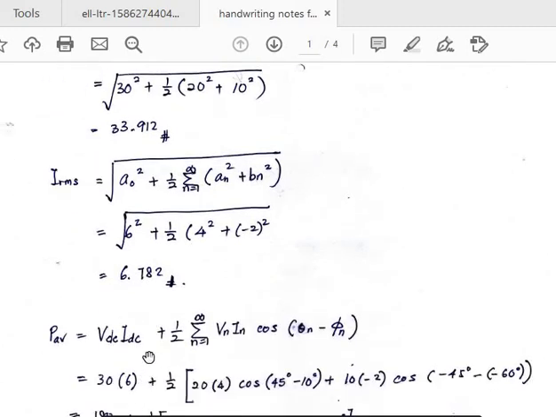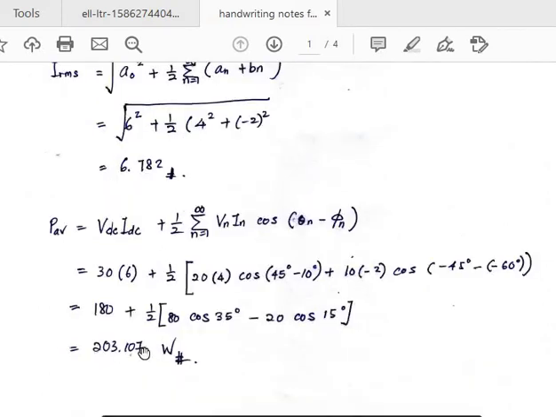The question also asks you to find the average power. Just now I mentioned that the average power is V DC times I DC, plus half the sum of Vn In cos(theta n minus phase).